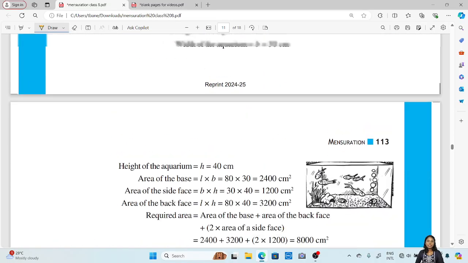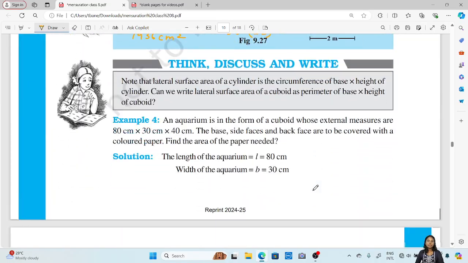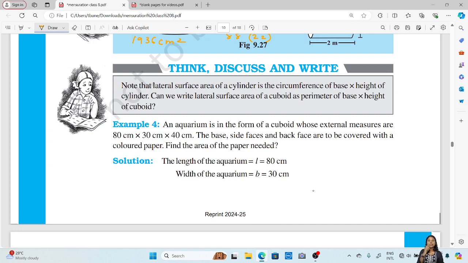Now let's look at some of the examples that are there here. So what they're saying here is an aquarium is in the form of a cuboid whose external measures are 80, 30 and 40. The base side faces and back faces are to be covered with a colored paper. Find the area of the paper needed.